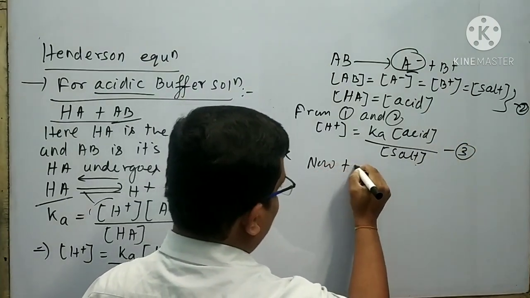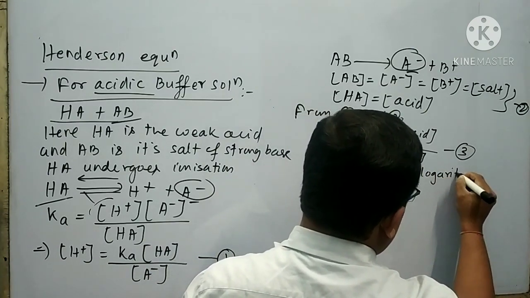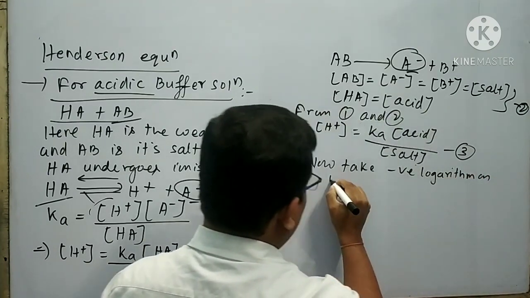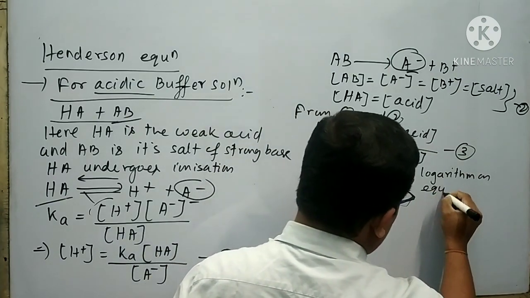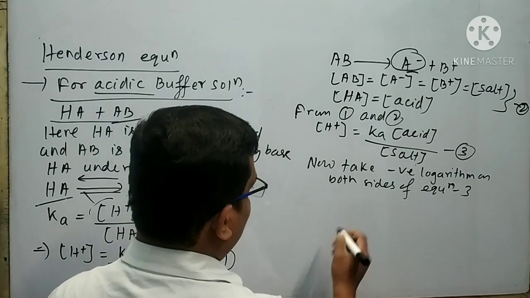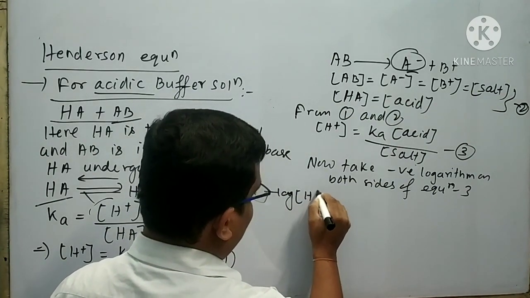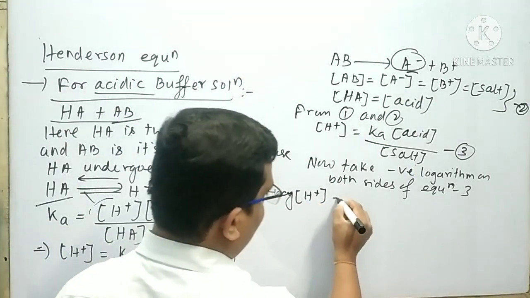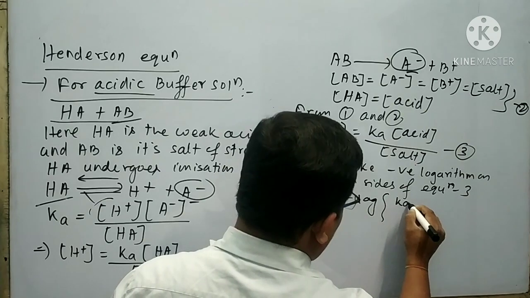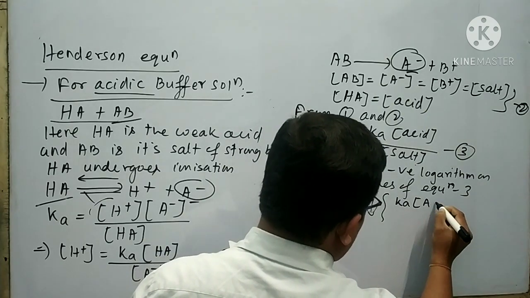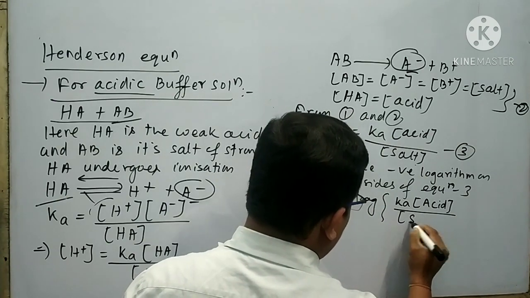Now take the negative logarithm on both sides of equation 3. Then I can write minus log of H plus ion concentration equal to minus log of K into concentration of acid divided by concentration of salt.